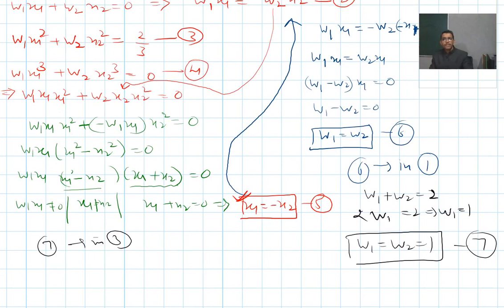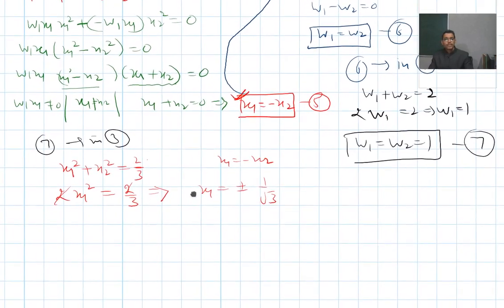If I put these values in this equation, w1 is equal to w2 which is equal to 1, so we are getting x1 square plus x2 square is equal to 2 upon 3, but x1 is equal to minus x2. So twice x1 square is equal to 2 by 3, which implies this 2 will cancel out. So x1 is equal to plus minus 1 by root 3, the value which we are getting.